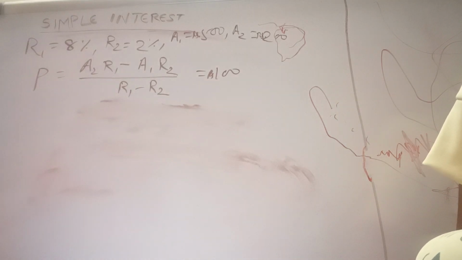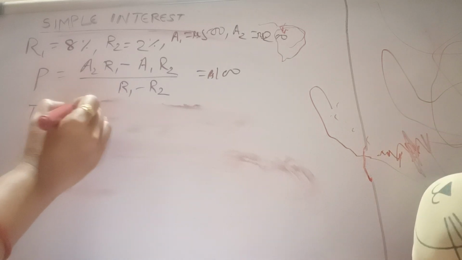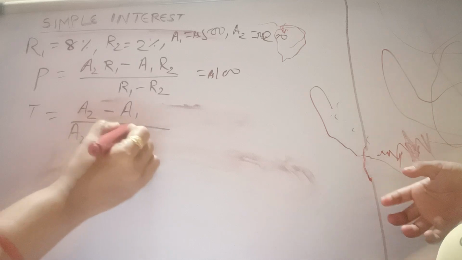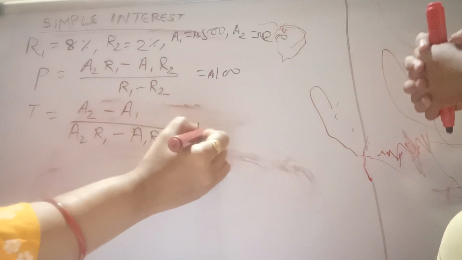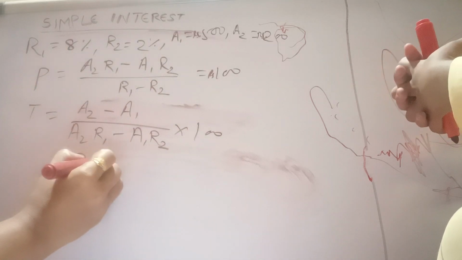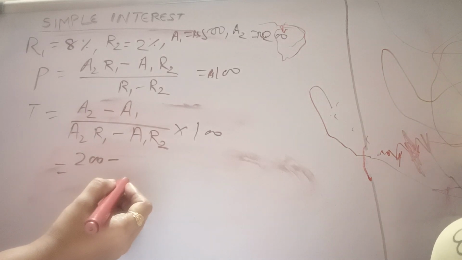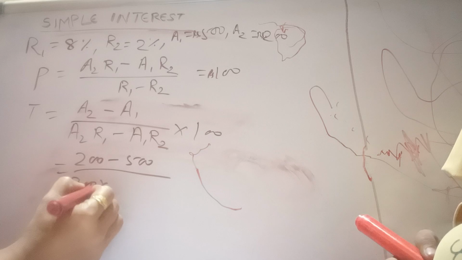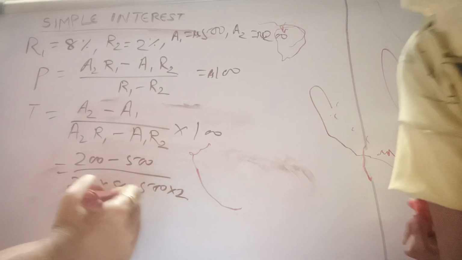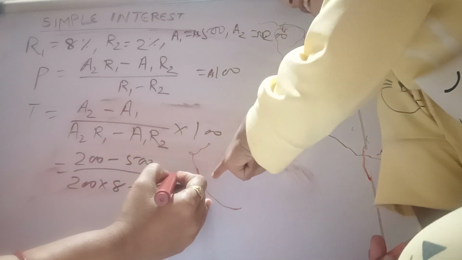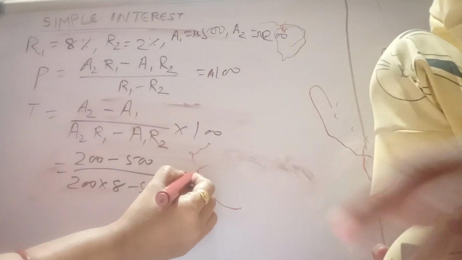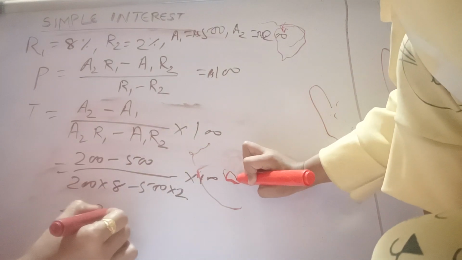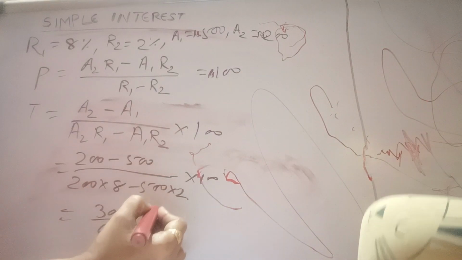We know T equals (A2 minus A1) divided by (A2 R1 minus A1 R2) into 100, equals (A2 is 200 minus A1 is 500) divided by (200 into 8 minus 500 into 2) into 100, equals minus 300 by 600 into 100.